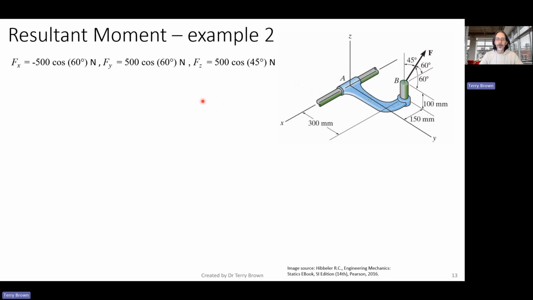And in the textbook, and in the week 0 module for this subject, there's some material there to help you with that. Anyway, so basically what we need to do is to find our components in the directions X, Y, and Z.